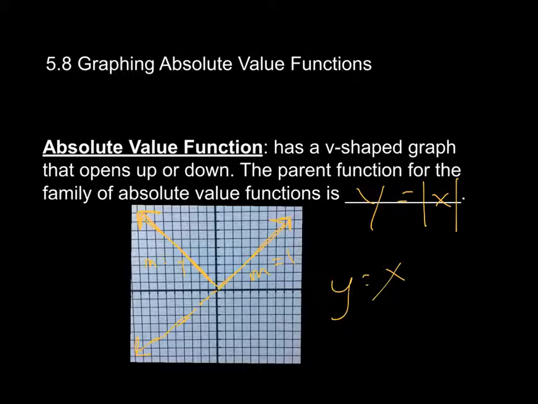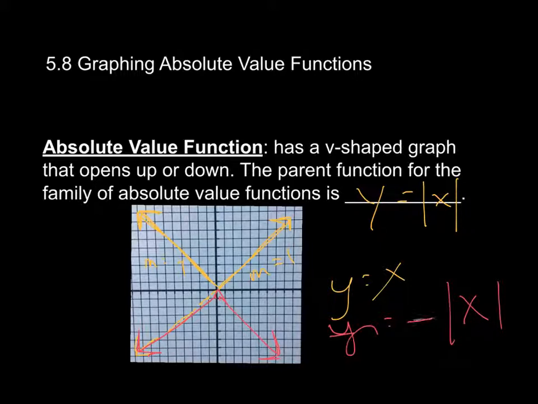So absolute value is always a V-shaped graph that opens up or down. So y equals the absolute value of x is going to look like this. If we had y equals the negative absolute value of x, that's going to be facing this way. You take the absolute value, then it's negative, so it's facing down.